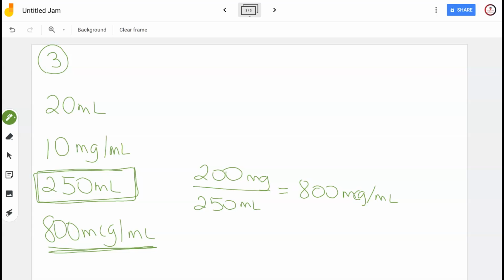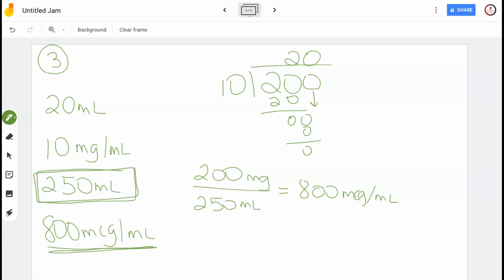If you divide 200, because now you know you need 200, by 10, 10 goes into 20 once, and 10 goes into 0 0 times. You need 20 mLs of that medication to equal 200 milligrams.